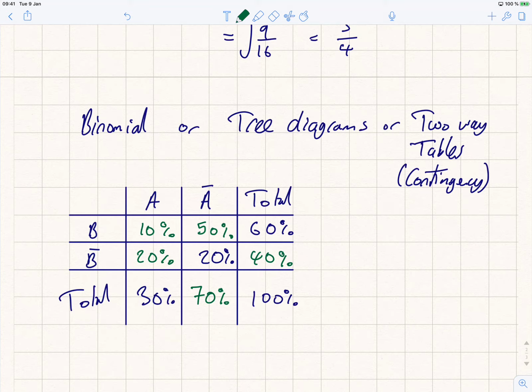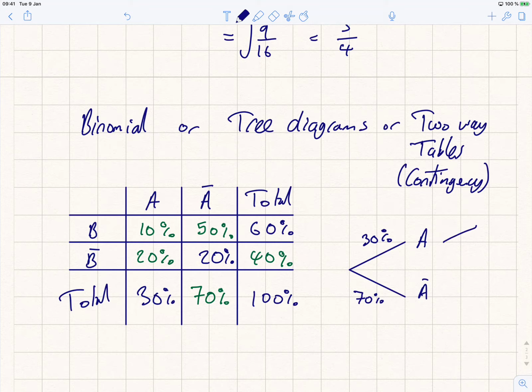Why wouldn't that work on a tree diagram when you're filling it in? Well, let me try and show you. We have A, not A. We can do this.